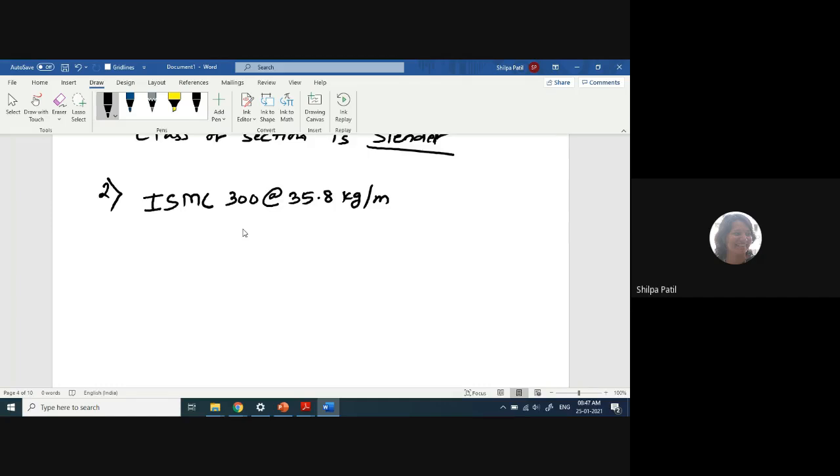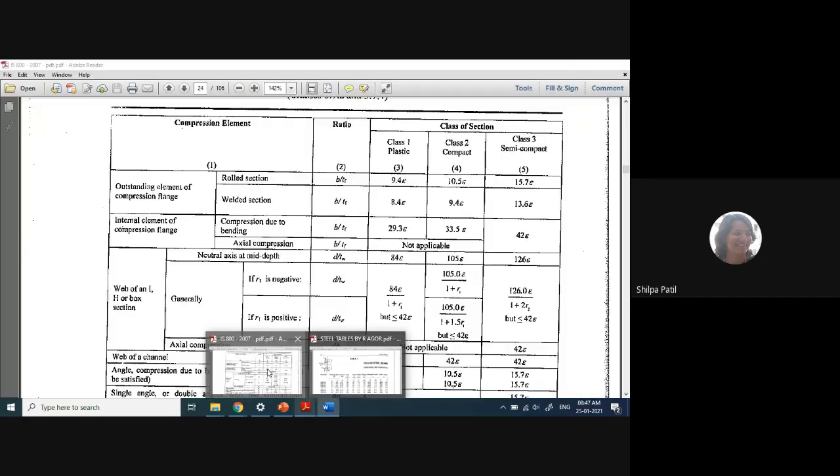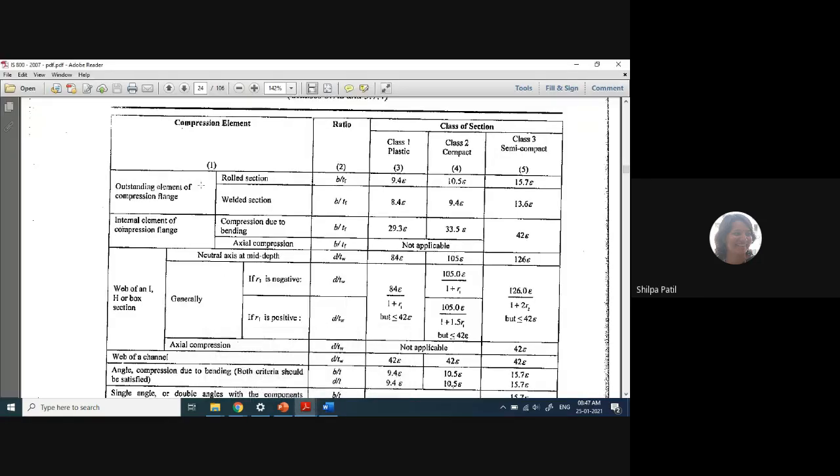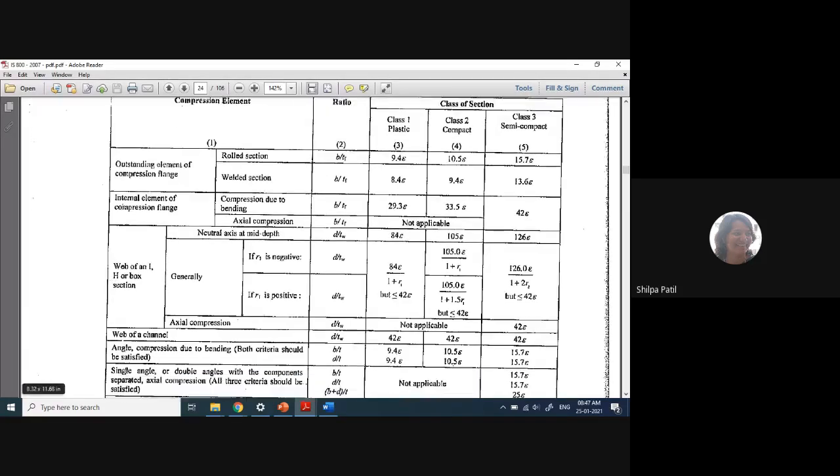So again, I have to write down the various properties of this channel section, its dimensions. If I go back to the code, again I have to find out the outstanding element of compression flange, so I have to find B by TF. I have to find out the web of a channel, D by TW. So the same values I need to calculate now for channel section.